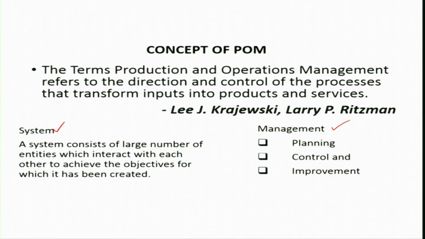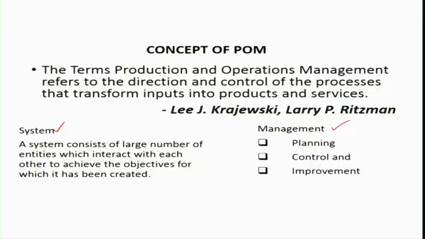These entities are not in isolation, they interact with each other in one way or another. And what is the purpose of interaction? To achieve the goals of the system for which it has been created. Like if it is a car manufacturing system, it has several entities and they interact with each other, so that good quality cars can be produced and sold to the customers.